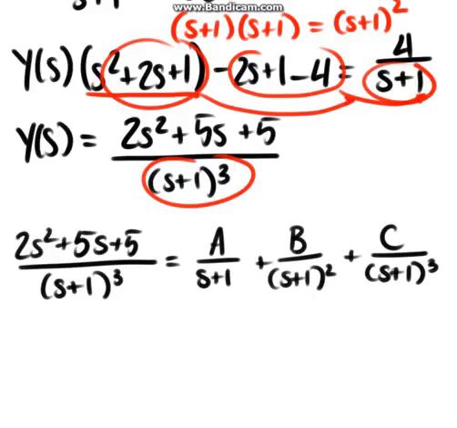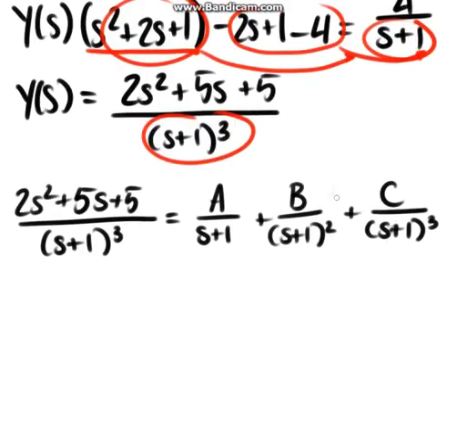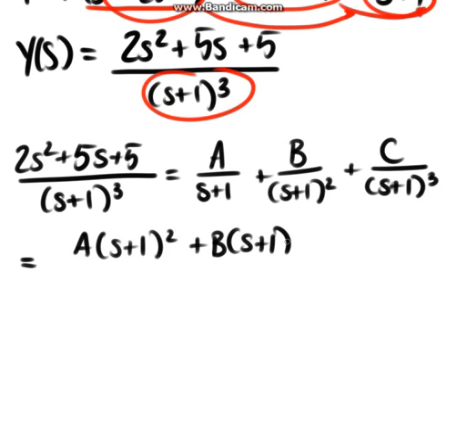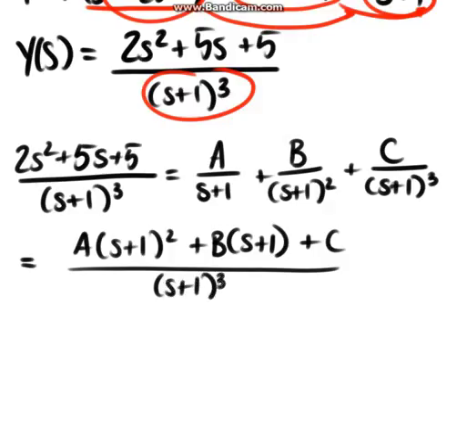And then putting everything under a common denominator for this side, this is equal to A times s plus 1 squared plus B times s plus 1 plus C, all over s plus 1 quantity cubed.